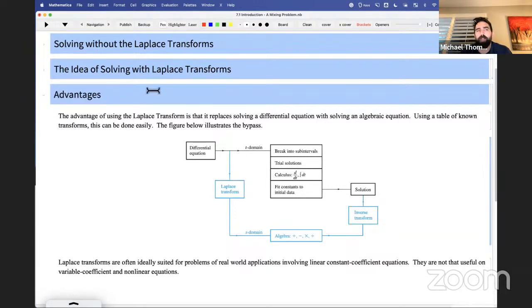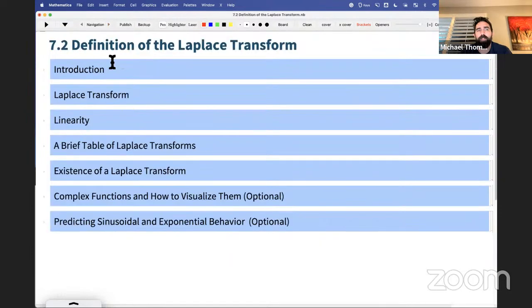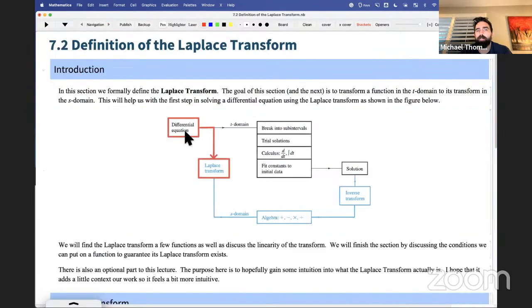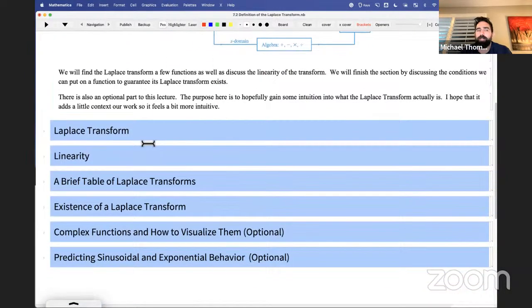So what we've been doing in 7.2 is really focusing on this part, translating from functions in the T domain to functions in the S domain. And we define the transform. You have some homework on it where you have to do that for some specific examples.